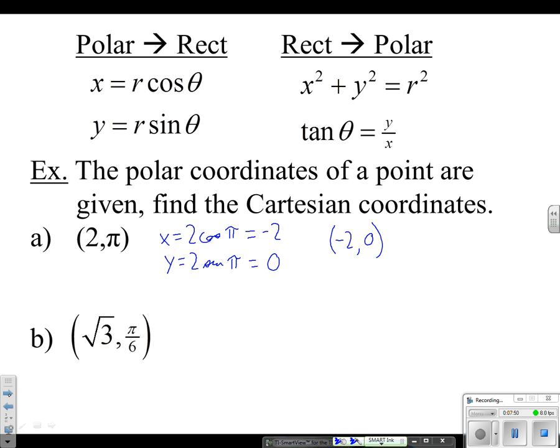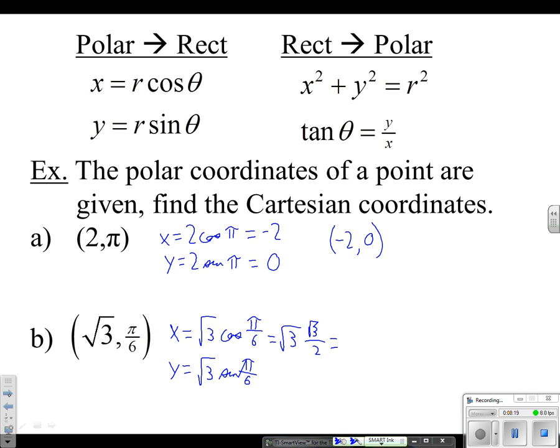Likewise here, radical 3 comma pi over 6. So x equals r cosine theta, so root 3 times cosine pi over 6. Y is equal to r sine theta. So let's see, cosine of pi over 6 is root 3 over 2.